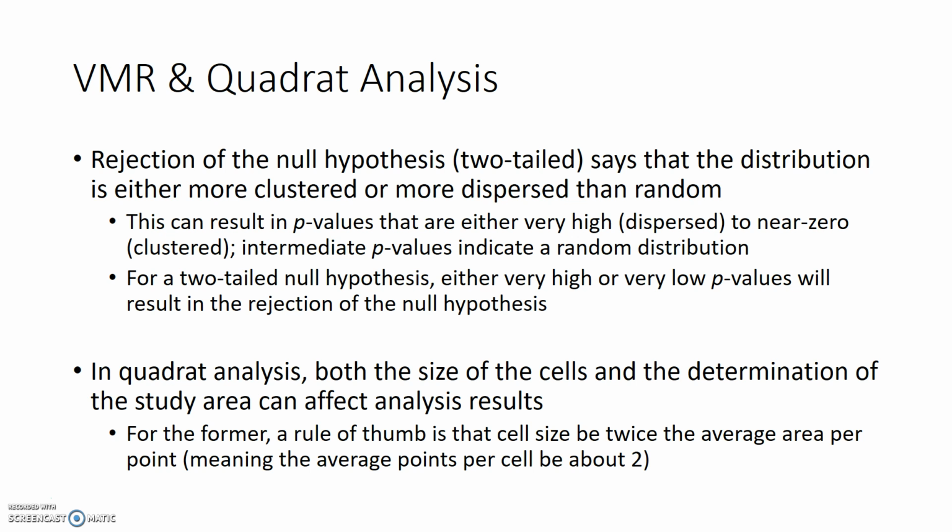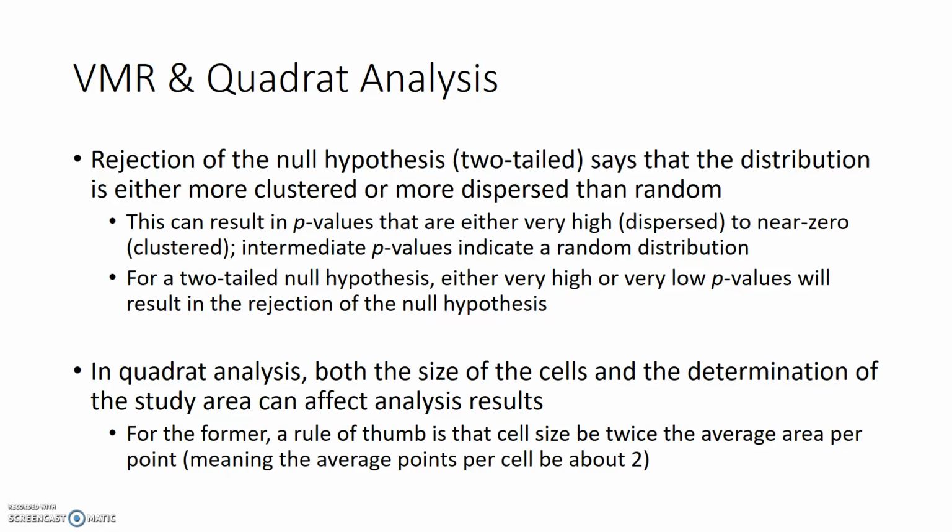In order to address part of this, a rule of thumb is that we want our cell size to be twice the average area per point. Meaning that our average points per cell should be about 2. So if you're ever setting something up like this, you're going to want to be mindful about the size of your cells and about your study area.